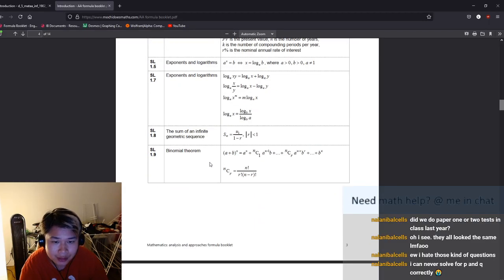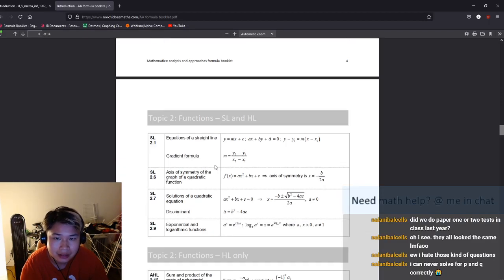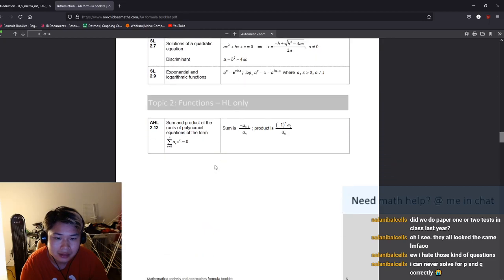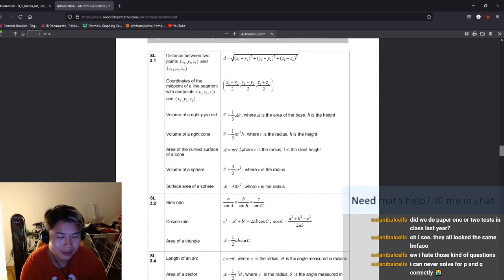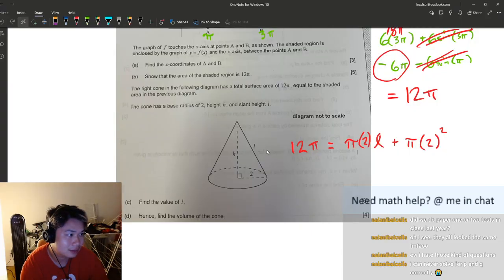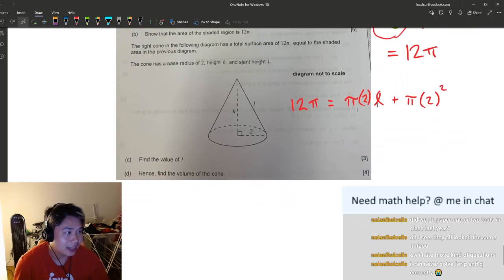They don't give you the volume of a cone? Oh, it's in the later section. Curved area. Oh, it's right here. Okay, I went on a little rant for nothing. My bad. Here you go.